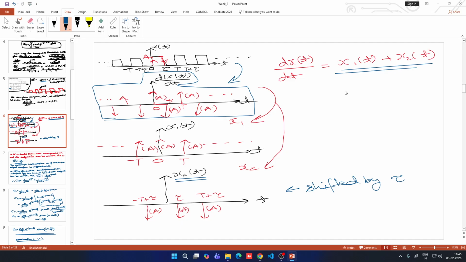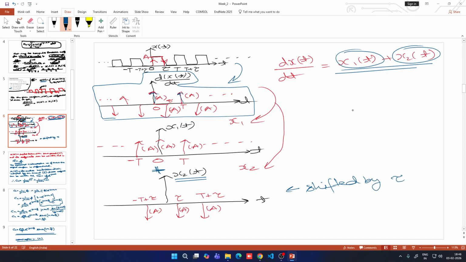I can divide this dx by dt into x1 of t and x2 of t. Because these are impulses, we have written the positive impulses as x1 of t, and then x2 of t is all the negative impulses.